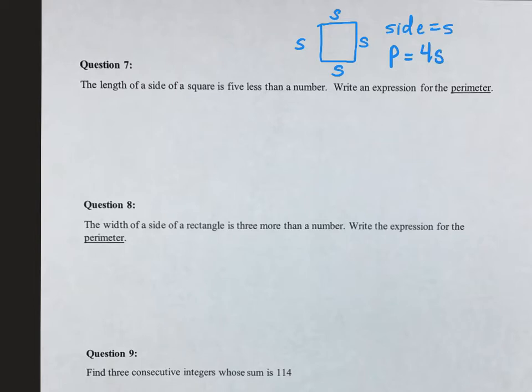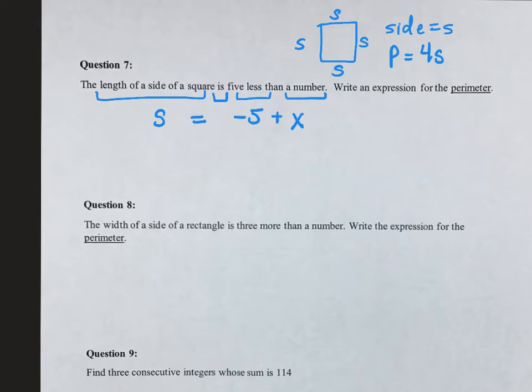It says we're going to change these words into a math equation. So the length of the side of a square, we already know that is S, is an equal sign. And then 5 less than a number. A number we're going to call X. And 5 less than is minus 5.